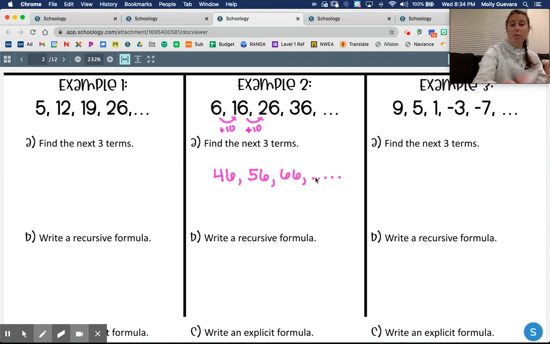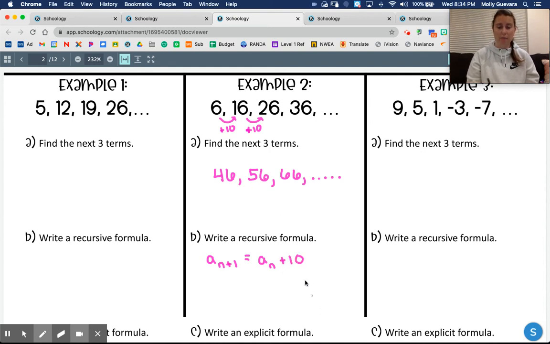Then it says write the recursive formula. Okay, so the recursive formula just says that the next term in the sequence, so a sub n plus 1, is equal to the current term, so whatever I currently have, and then what am I doing to get to the next term? I'm adding 10, so plus 10. So really, this is the only part that changes in the recursive equation.